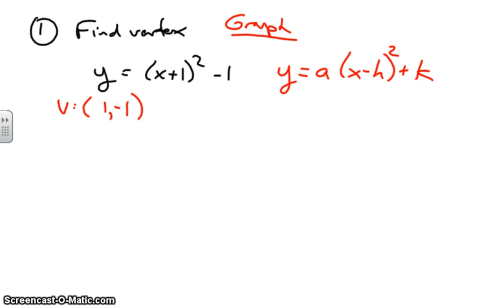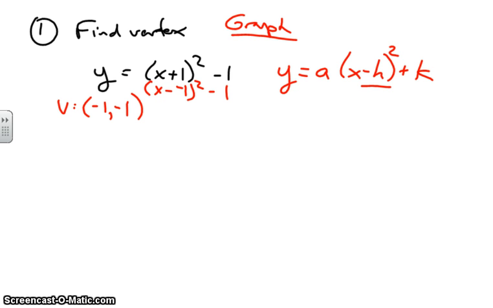It's not the vertex, so what's got to be changed? I mean, look at the form. The form is written here, and it's negative h. So if we were to put this in that form, it's x minus what inside of here? x minus negative 1, squared, minus 1. Now it's in vertex form. We're subtracting h. And what is h? Negative 1. So the vertex is negative 1, negative 1.